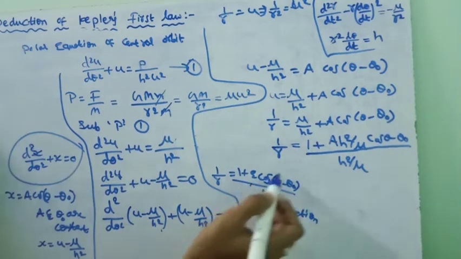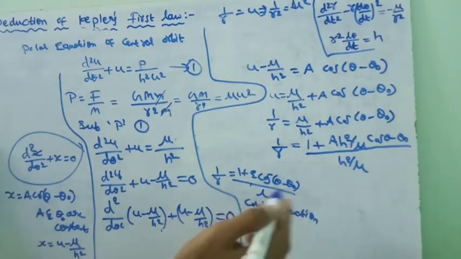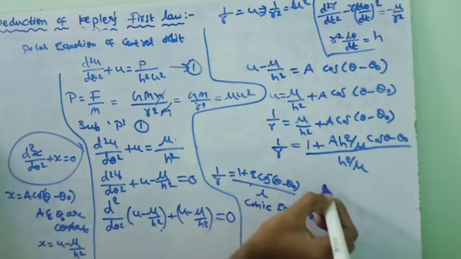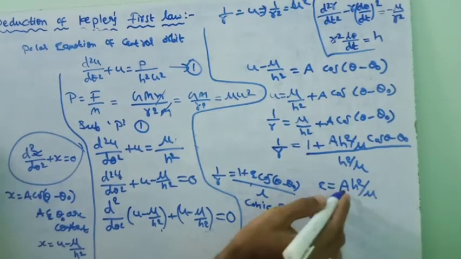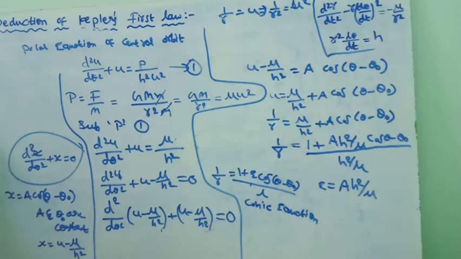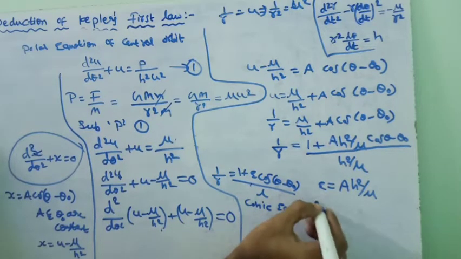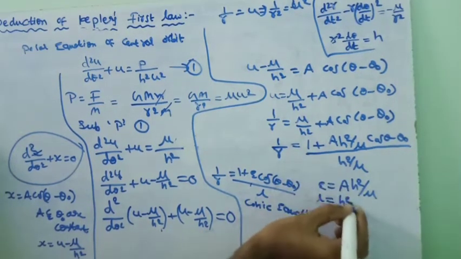When we compare these two equations, here epsilon is the eccentricity, whose value is h square by mu, and L is the semilatus rectum, whose value is h square by mu.